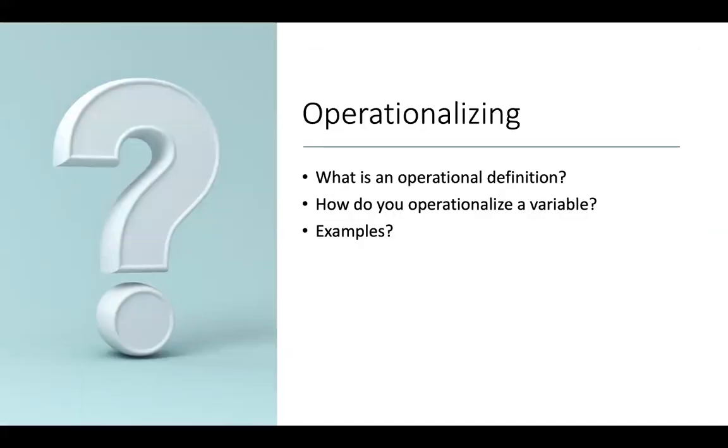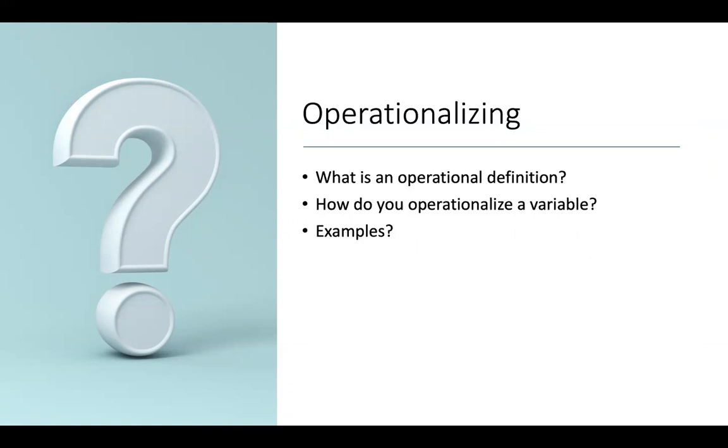Operationalizing, we mentioned earlier, an operational definition of something is how you are going to measure it. How are you going to measure this thing? That's how you're operationalizing it. So if I say, well, I want to see how this affects anxiety. What was our example? Exercise. I want to see how the kind of exercise I do affects anxiety. All right, great.